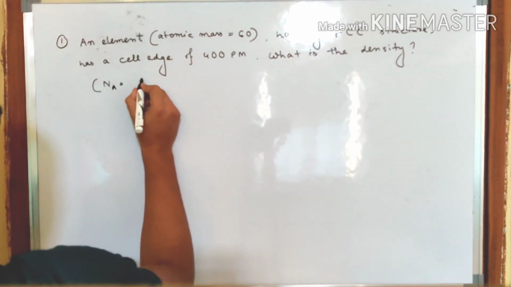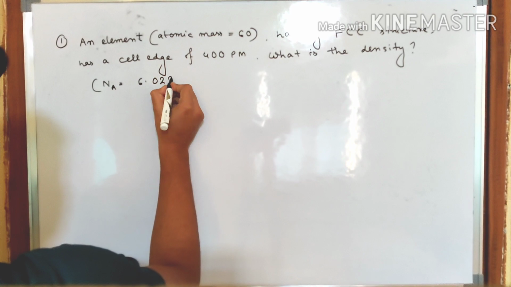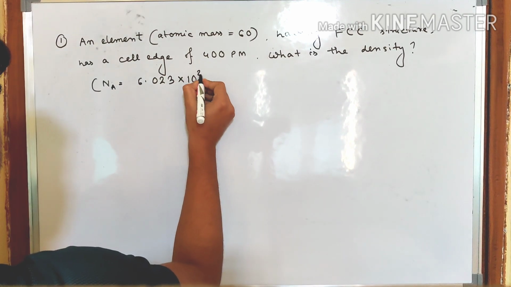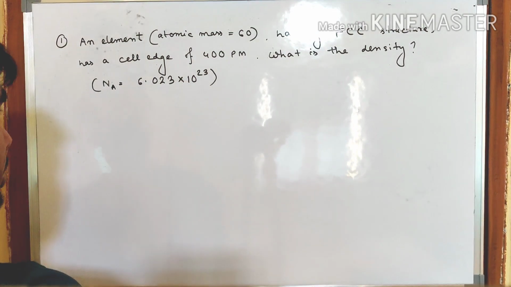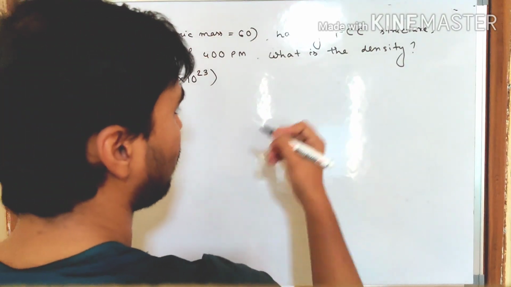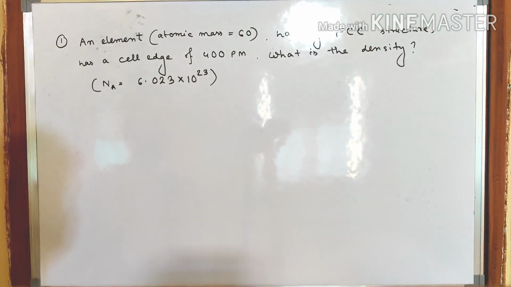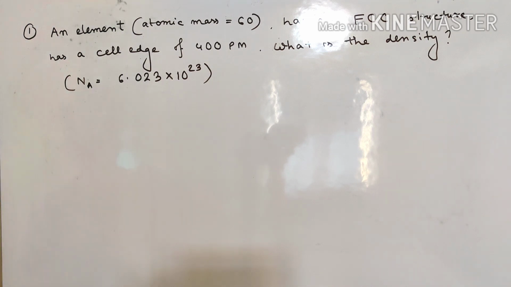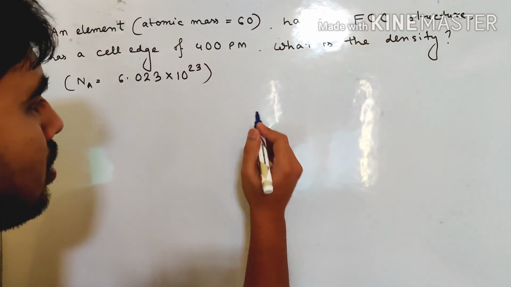This is given, Avogadro number, we all know, although it is given 6.023 into 10 to the power 23. So now, remember, we have to solve it using that formula only, which we have just written. So let us see. Solving this type of problems are not difficult at all.